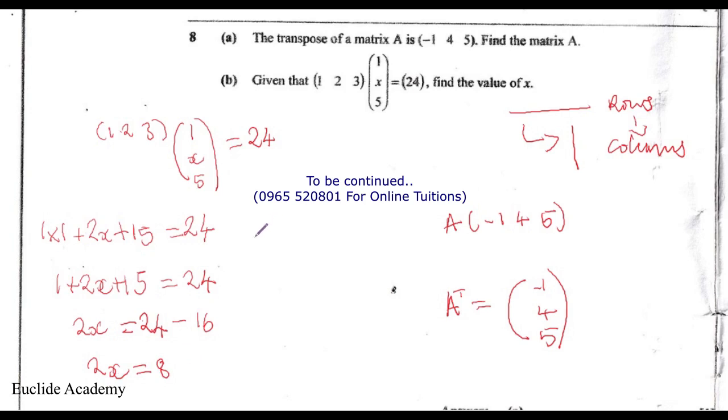Then we divide both sides by 2, and x will be 4. So x is equal to 4. According to B, x is equal to 4. That is the answer here.